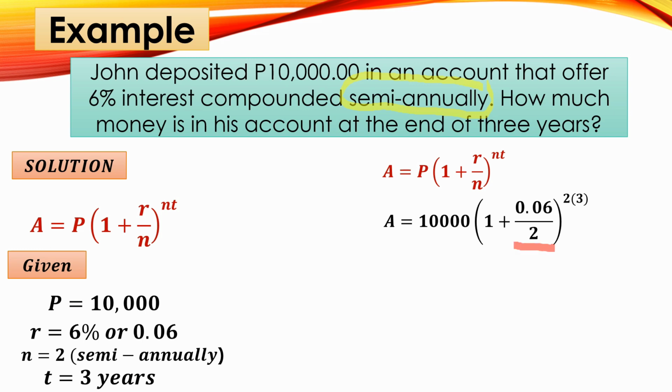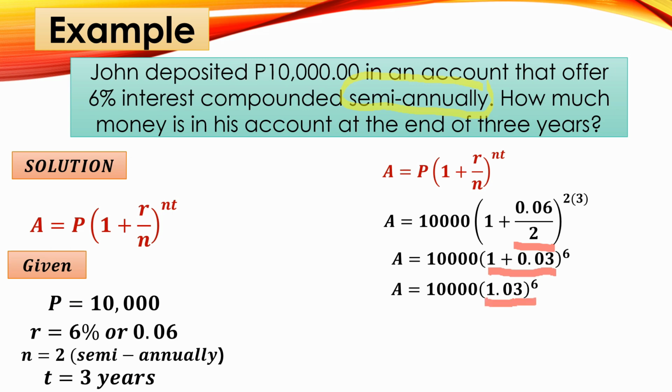0.06 divided by 2 is 0.03. Then, simplify 1 plus 0.03 is 1.03. Then, simplify again. 1.03 raised to 6 is 1.1945229653 times 10,000.